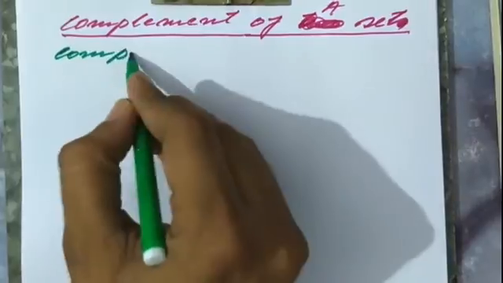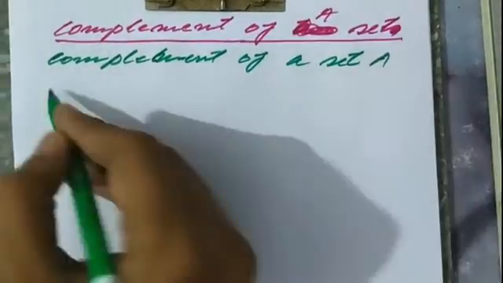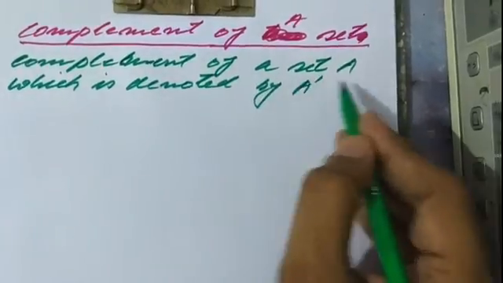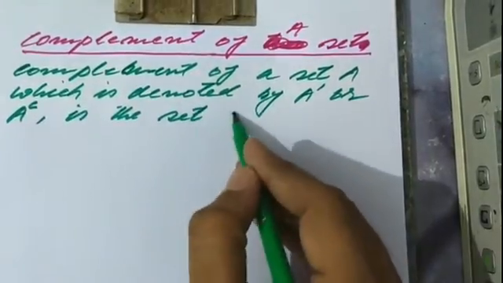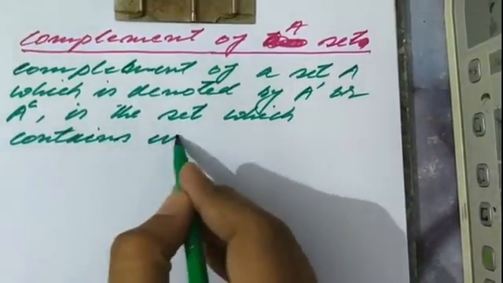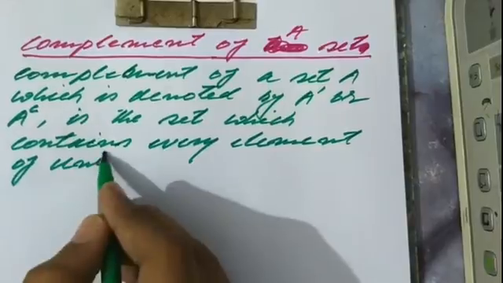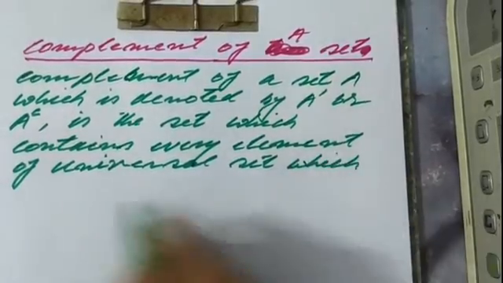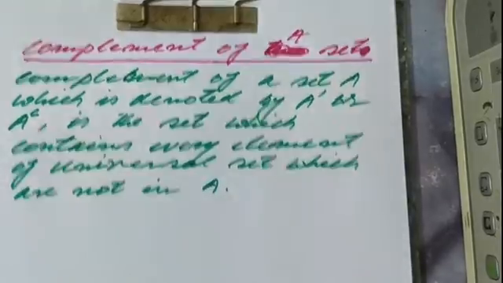So complement of a set A, which is denoted by A dash or A raised to the power C, is the set which contains every element of universal set which are not in A.